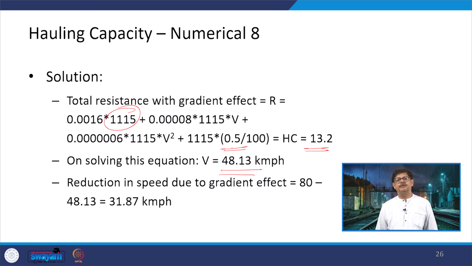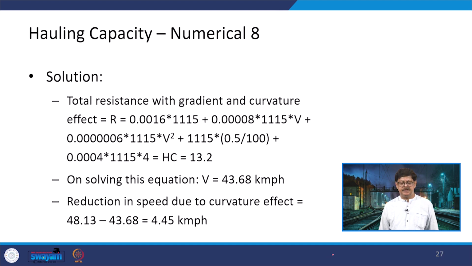Initially it was moving at a speed of 80 kilometers per hour, and because we have provided a gradient, that gradient has made an impact here. So it has reduced the speed by 31.87 kilometers per hour. And further it says that there is also a curvature, and for that curvature the effect will come in terms of 0.0004 into W into Dr, where Dr is the 4 degrees curvature given and W we have already calculated as 1115 tons.